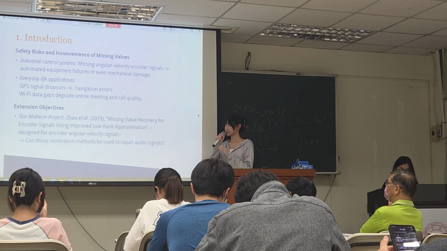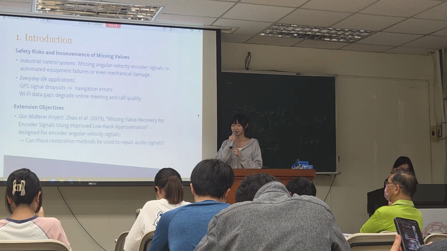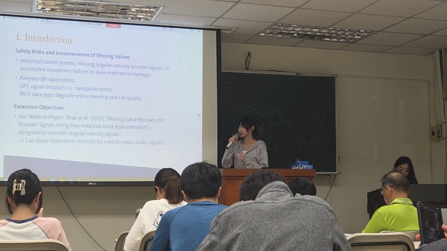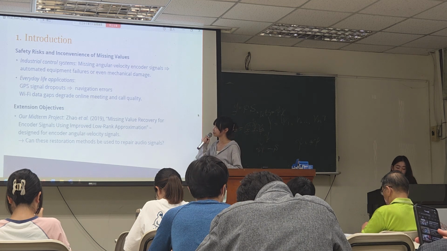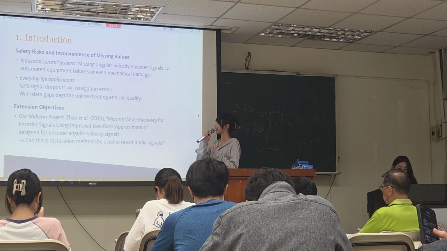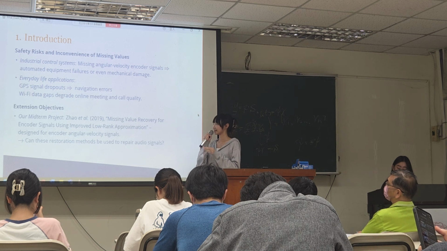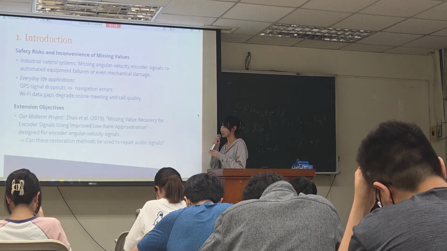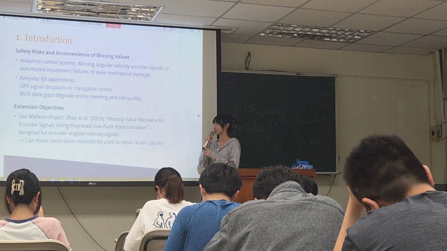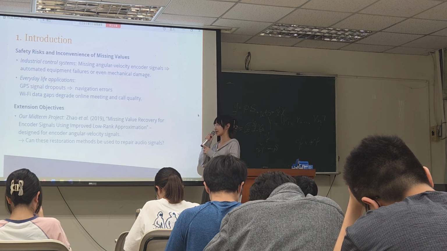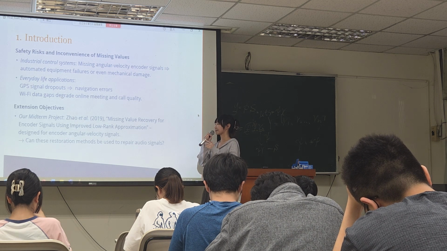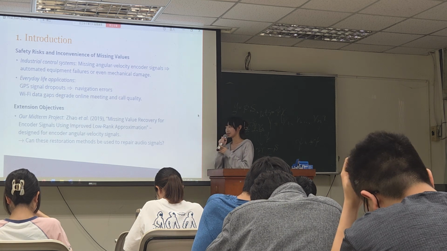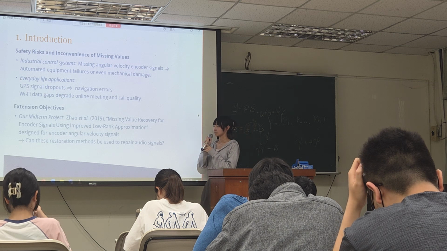Next is the introduction. Missing signals are a major challenge in many domains. For example, in industry, missing encoder signals lead to equipment failure and mechanical damage. And in our daily life, losing Wi-Fi data can be very inconvenient. So how do we fix these problems?